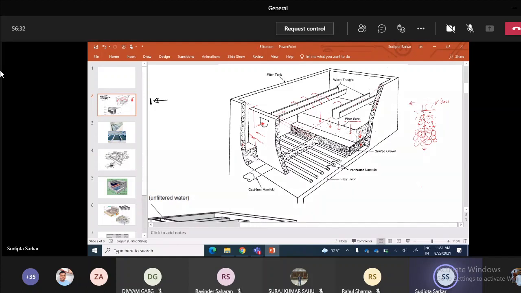And when it percolates through all of them, we have a lot of pipes with perforation. You can see these pipes, it is written perforated laterals. All these pipes, the water will enter through these pipes, and then the laterals lead to a single manifold or a bigger pipe.